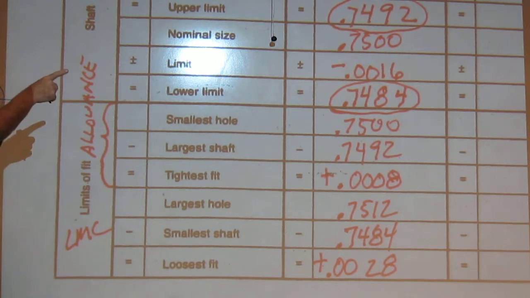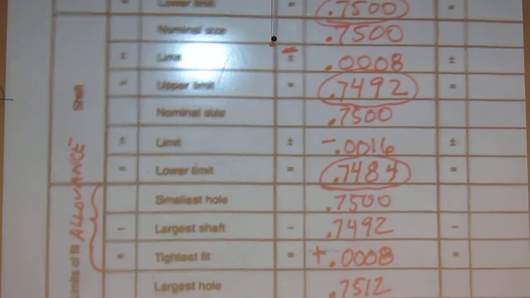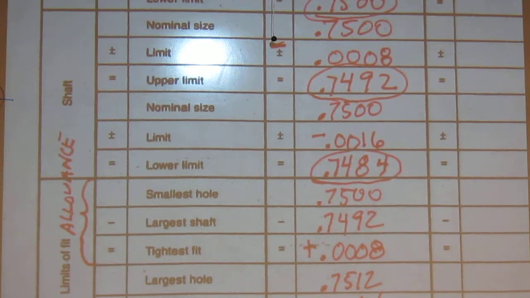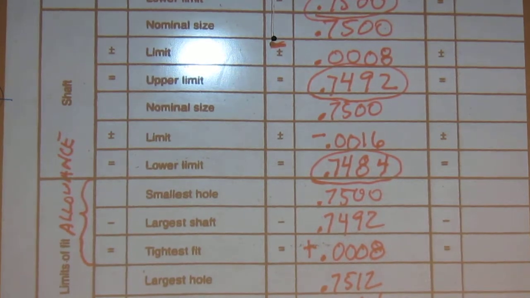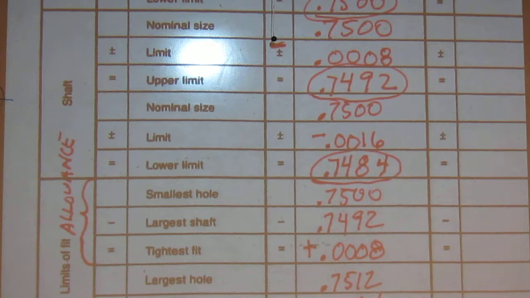Is it 0.00? Which one are you? I'm looking for the upper. For the shaft? Yeah, for the shaft. It's 0.0008, right? So this would be a minus 0.0008, and it would also be a minus 0.0016. Both of those dimensions work?